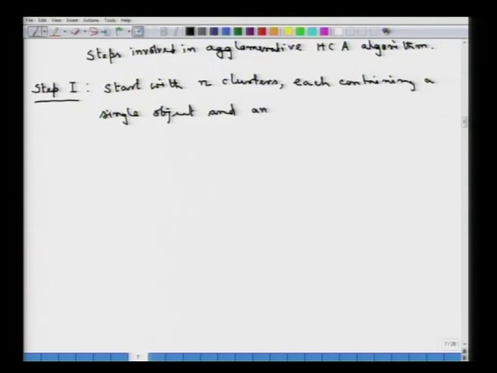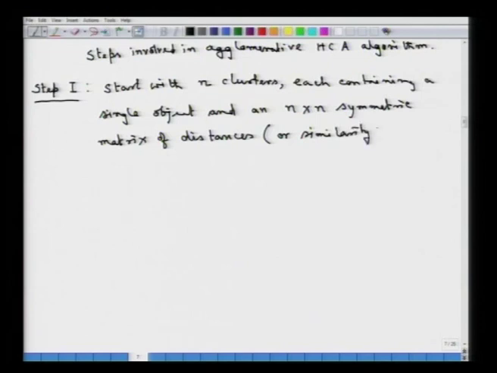and an n by n symmetric matrix of distances. One can have a distance matrix or one can have a similarity matrix, depending on the problem, given by a matrix D which contains the entries Dij.